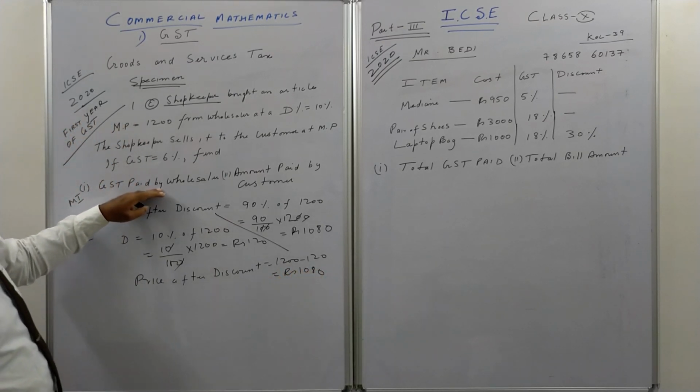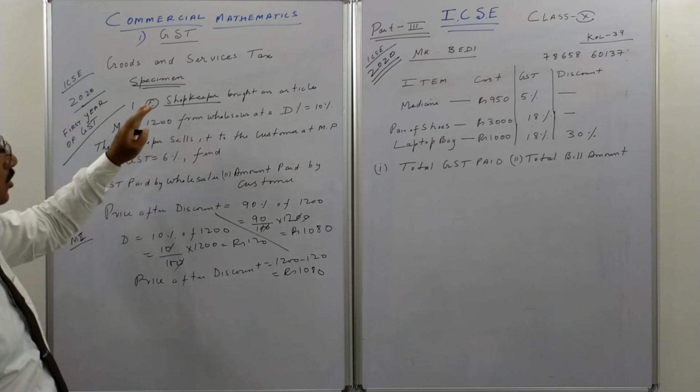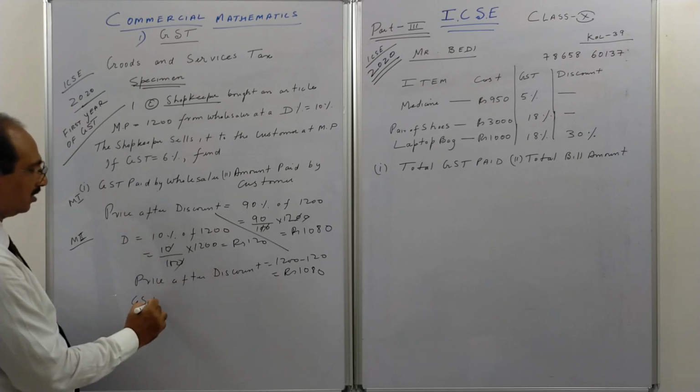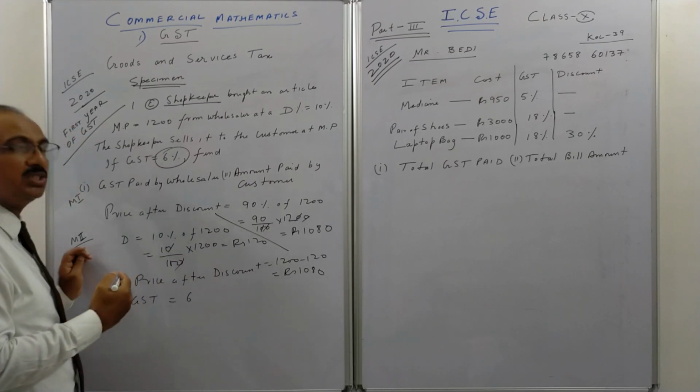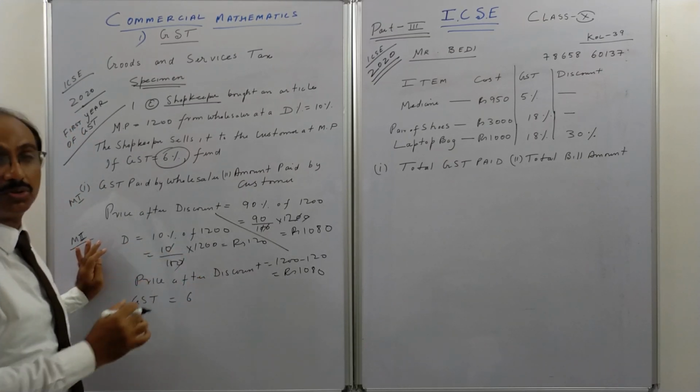So GST paid by the wholesaler. So this is what the wholesaler sells to the shopkeeper. So GST will be 6% of this, because at this price, 1200 is written. At this price he is giving it to the shopkeeper.